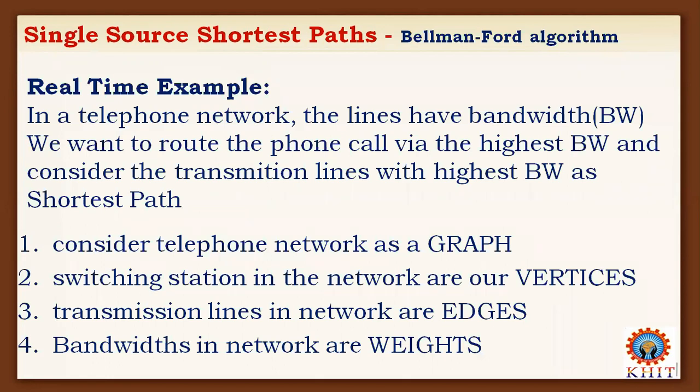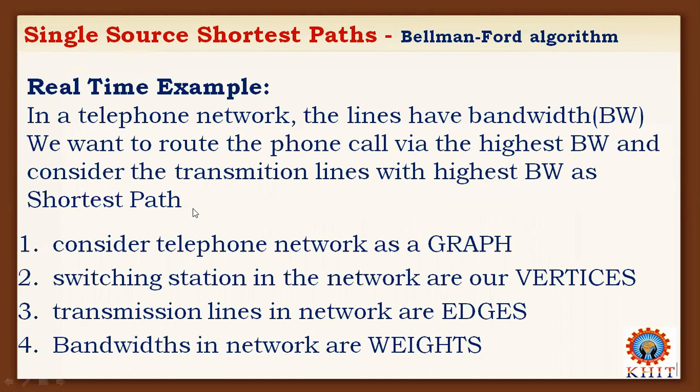Next, we will talk about another example, telephone networks. If you observe the telephone networks, the lines have bandwidth. Bandwidth in the sense the speed of the network. If you want to route the phone call through high bandwidth, consider the transmission lines with highest bandwidth as the shortest path.